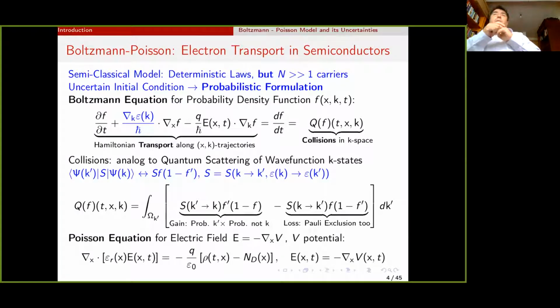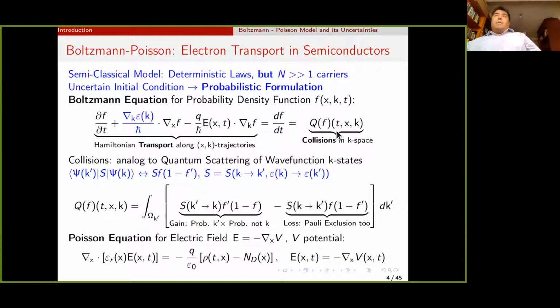Our model looks classical except for two quantum features. The first quantum feature is that the velocity that you're using as a model for the velocity of the electron is basically the wave group velocity of its Schrödinger wave function, which is highlighted in blue. The other quantum feature is that you're using analogs of scattering matrices.